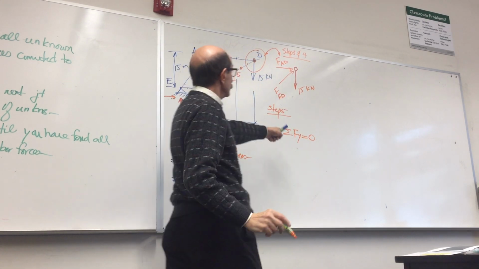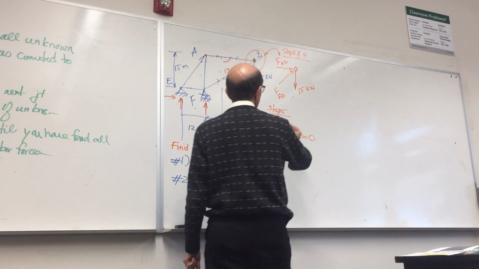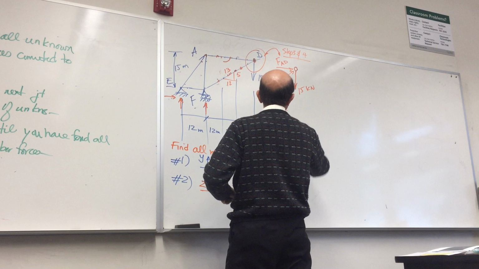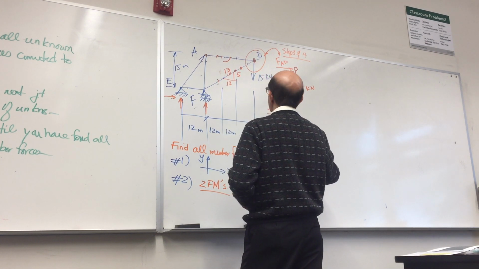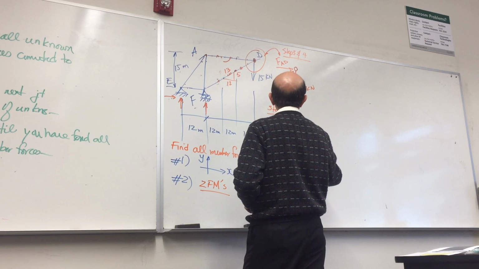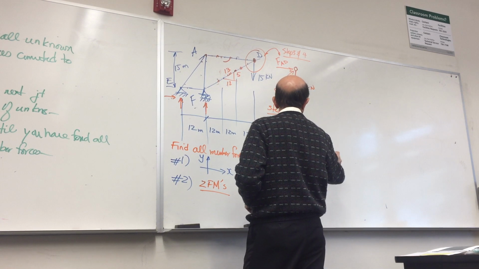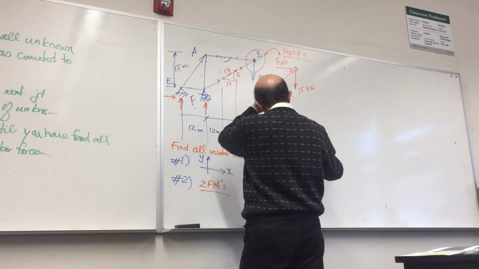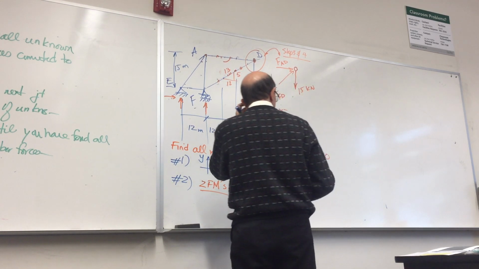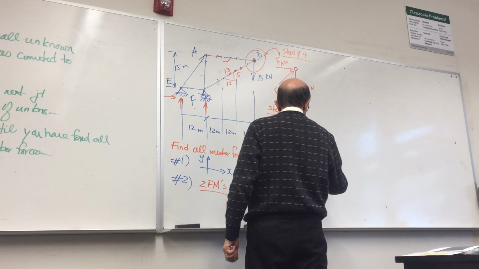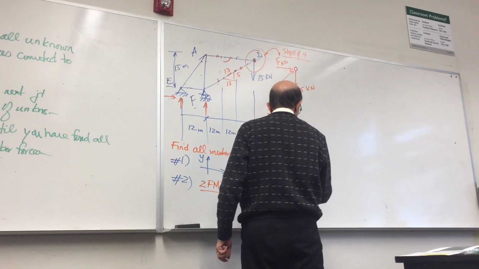So summation of forces along y is equal to 0: you have 5 over 13 times force FD minus 15 is equal to 0. So FD is equal to 5 times 13, or 65 kilonewton.